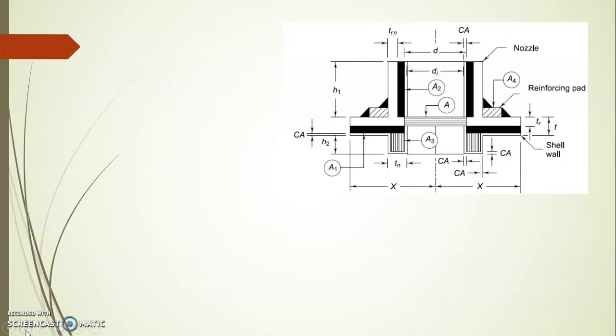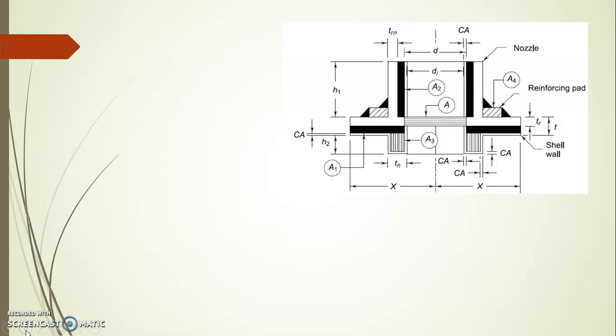Now this is the diagram of the nozzle, in which it is seen that there are various areas, thicknesses, diameters, heights, and different dimensions such as x, t, tr, trn.